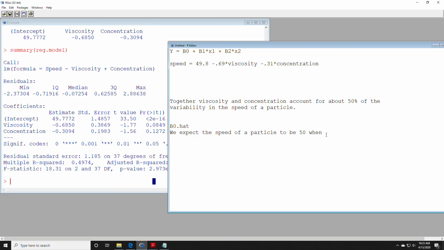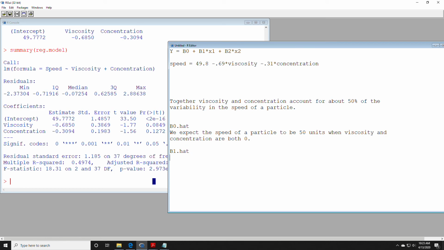So to be 50 units when viscosity and concentration are both 0. So again, maybe that's useful, maybe not, I don't know. But usually the ones that are of more interest are the slope parameters rather than the intercept.